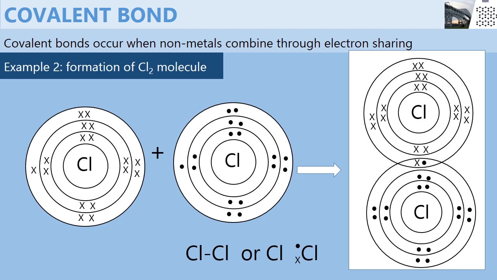For the second one, again in the same way, we say 1, 2, 3, 4, 5, 6, 7, 8. So they both satisfy the octet configuration. Again, to represent this, we use a single line, or we could just write the chemical symbols and a dot and a cross between them to represent the chemical bond.